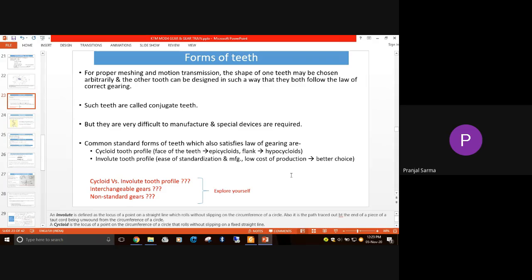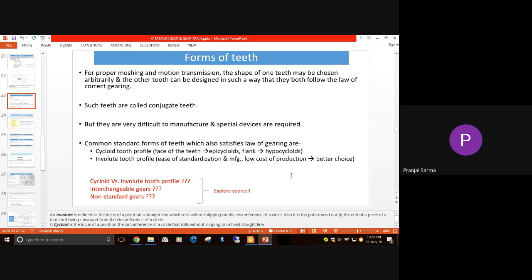In the case of the cycloid tooth profile, generally the face portion of the teeth is the epicycloid, and the flank portion, the lower portion, is the hypocycloid. In the case of involute, why do we generally go for the involute teeth profile?